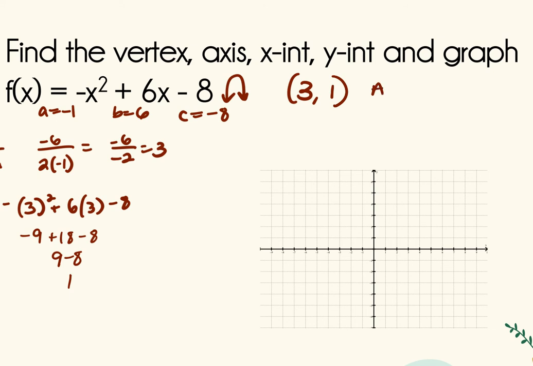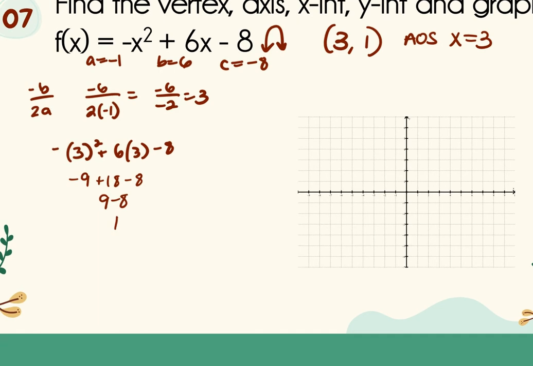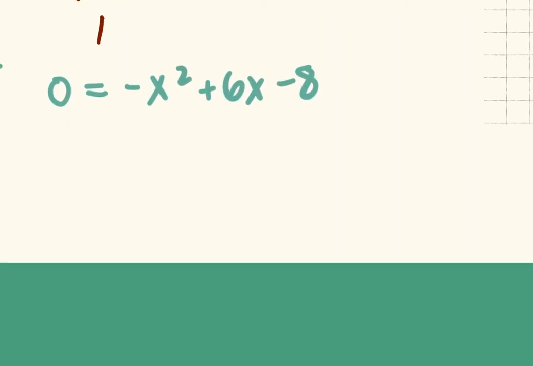My axis of symmetry is what? x equals 3. Okay, this time it wants intercepts. So to find the x-intercept, we plug 0 in for y, which is the f of x. 0 equals negative x squared plus 6x minus 8. Can I factor this? Are there factors of positive 8 that sum to positive 6? 4 and 2.